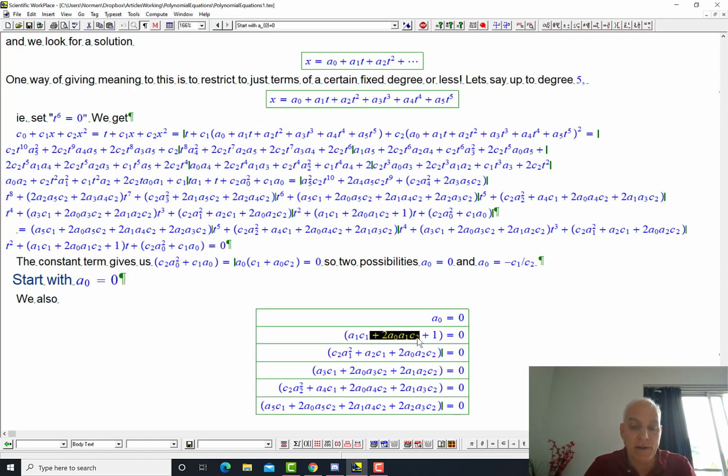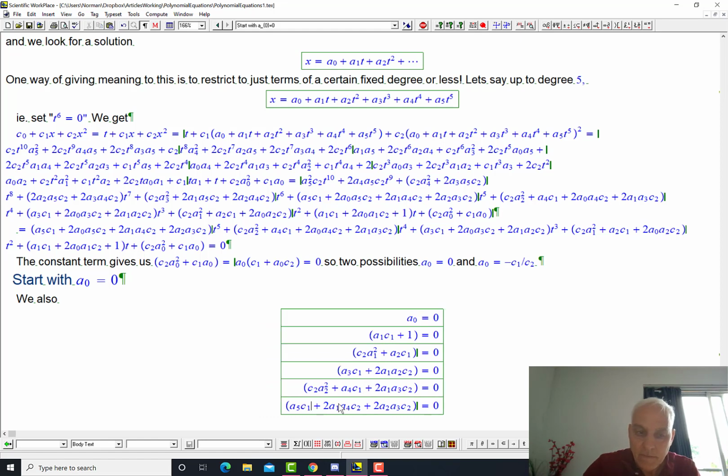I'm going to take that term and kill it because of our assumption that a0 is 0. Similarly, this thing here will disappear. Anything else with a0 in it will disappear. So we also get these relations.